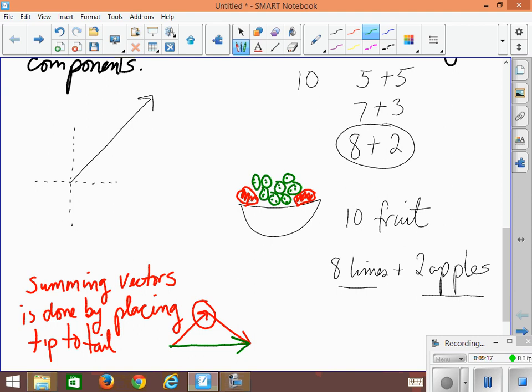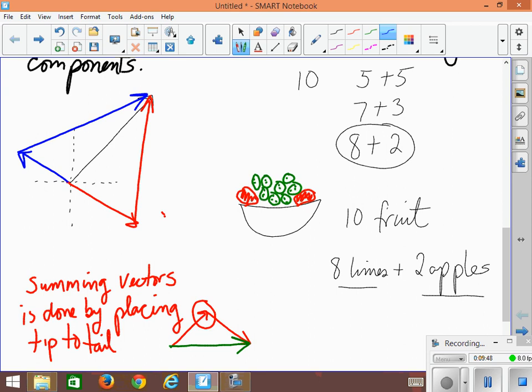Now, just like the number 10 can be made up of many different sums, this vector that I've drawn up above could be made up of many different vectors. As long as you start at the beginning and the vectors are tip to tail and you end at the end of the black vector, that represents a sum that would work. So this vector added to this vector equals the black vector. Right? And if you pick another sum, this vector over here added to this vector equals the black vector.